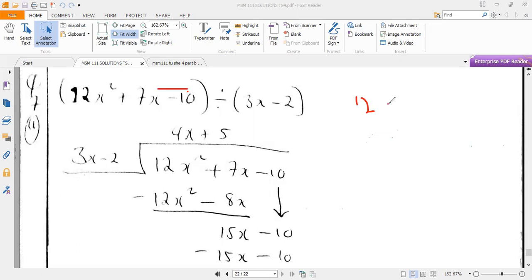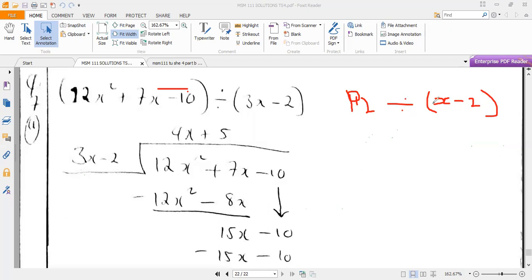Now, if we're dividing this guy by something like x minus 2, then imagine that this guy is your polynomial, the one you are dividing by this guy.